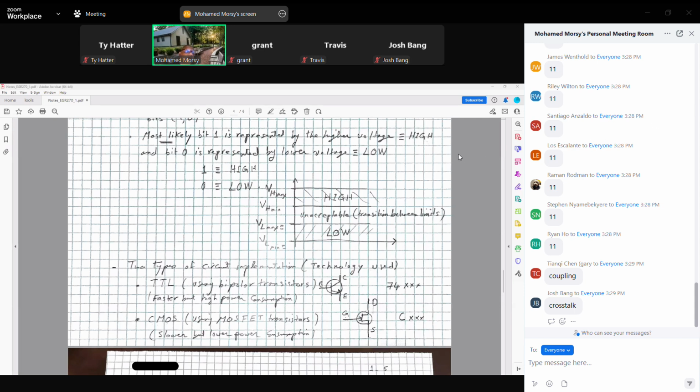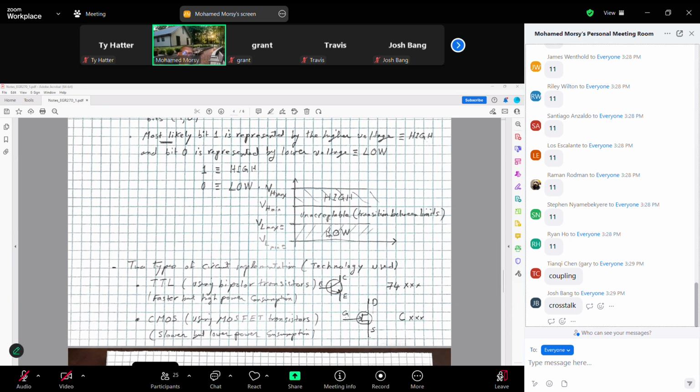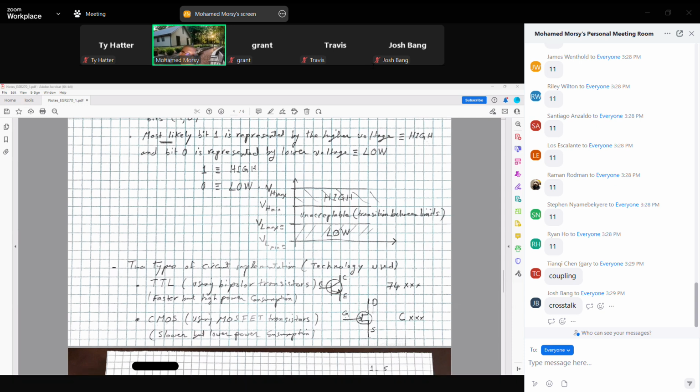So this gap is just to avoid overlapping, but the operating point of the transistor passes through it very fast between low and high. I'm not sure whether you studied this or not.